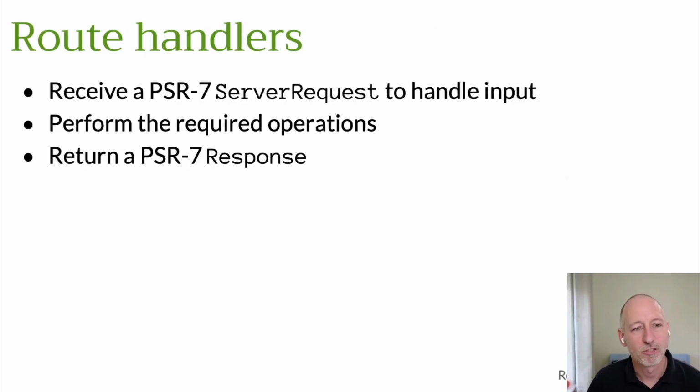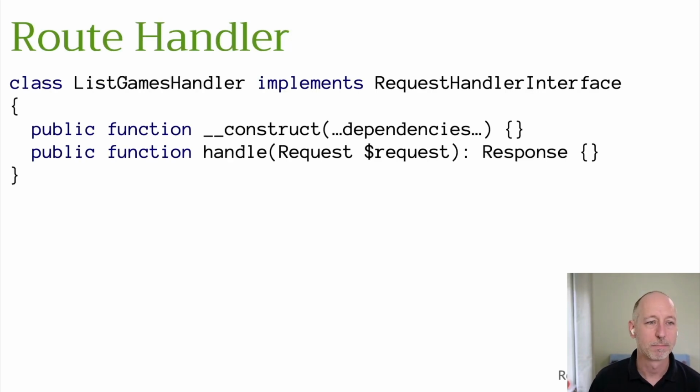The route handler is going to receive a PSR-7 server request. It will perform the required operations, and then it will return a PSR-7 response. So this is what one looks like. Here's our route handler. ListGamesHandler implements the RequestHandlerInterface. Traditionally, you have a couple of functions involved.